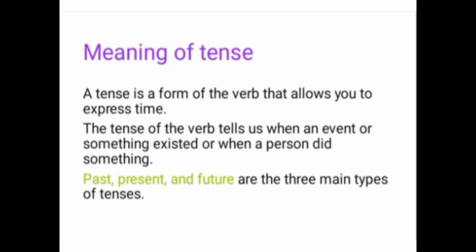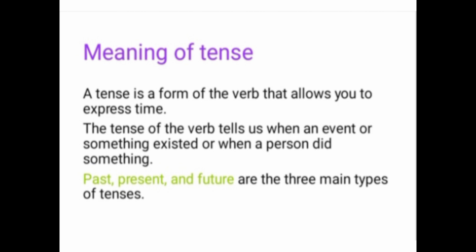See here, as I told you, a tense is a form of a verb that allows you to express time. The tense of the verb tells us when an event or something existed, or when a person did something. As I told you, the tense is going to tell us when something has happened. Tense is going to tell us when something will happen.